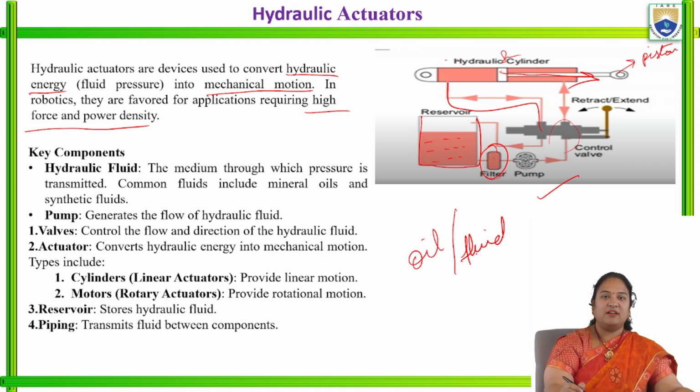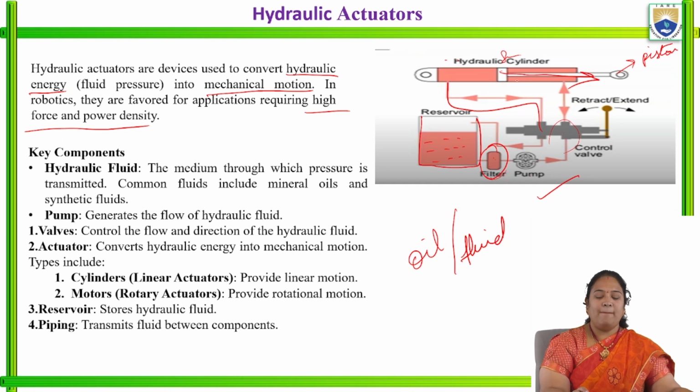As we have discussed in the figure, there are various components like the hydraulic cylinder. The hydraulic cylinder is used to convert the hydraulic energy into mechanical motion. That is, it acts as a medium through which the pressure is transmitted. The fluid placed inside, with that pressure, is converted into mechanical energy.